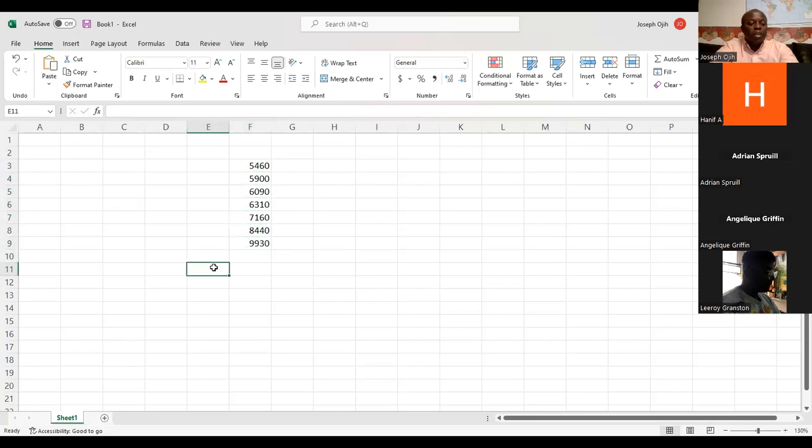So the sample mean, then the standard deviation.